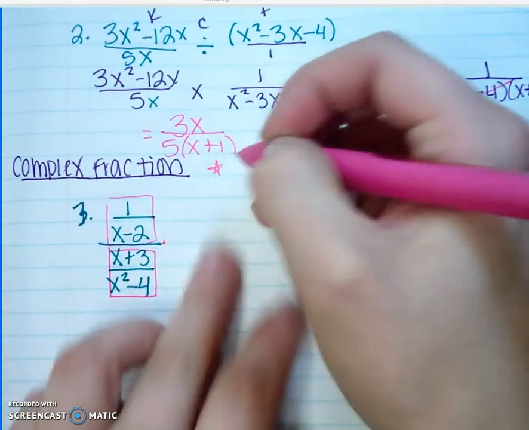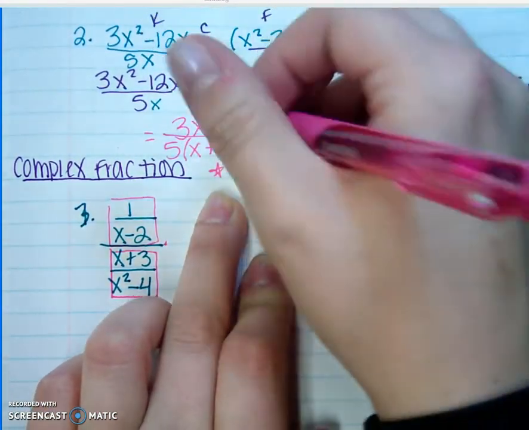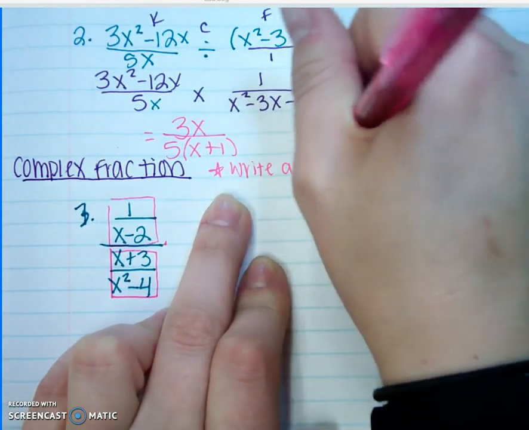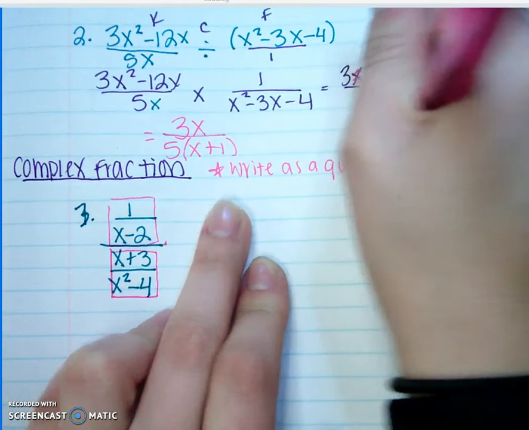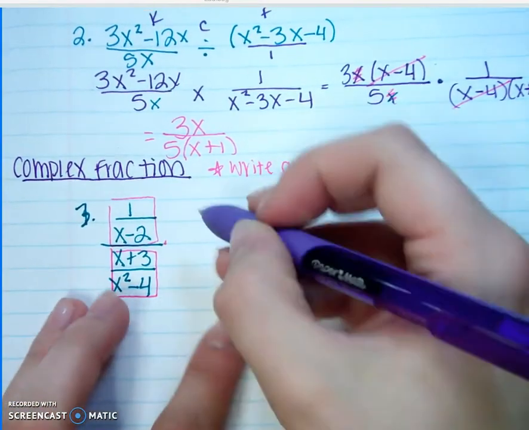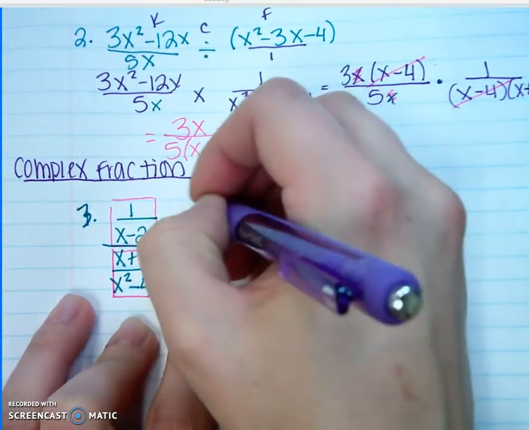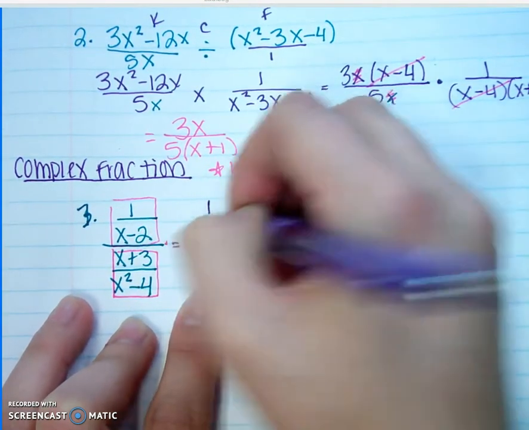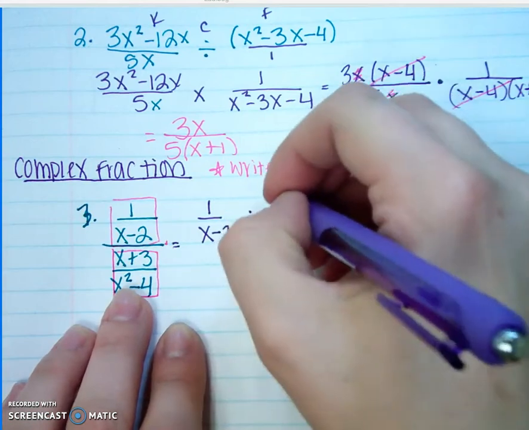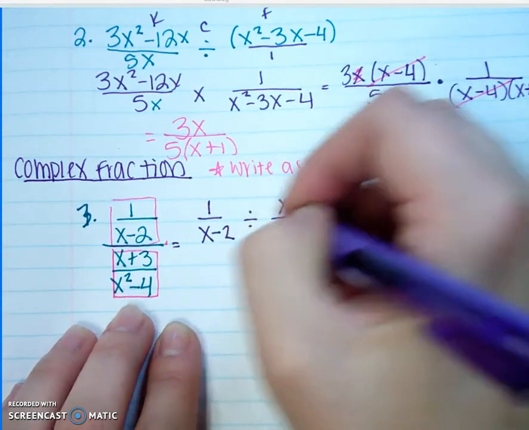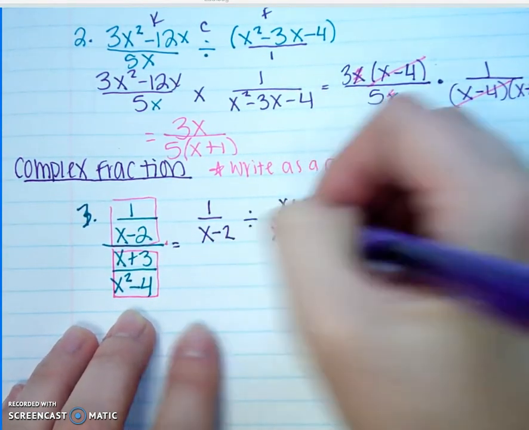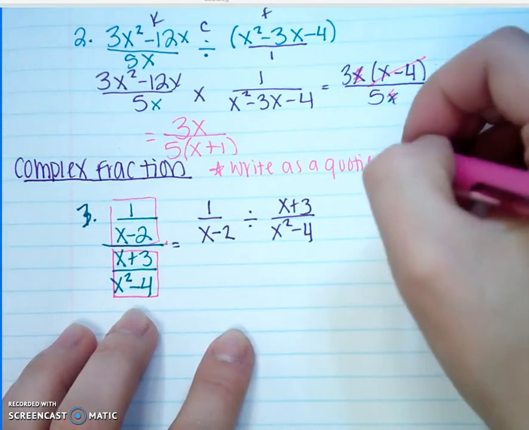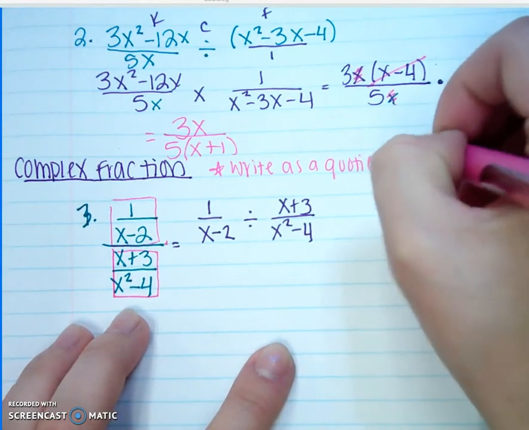We're going to write it as a quotient. So I'm going to put my first fraction first, 1 over x minus 2 divided by x plus 3 over x squared minus 4. And then, the same as above, I'm going to keep, change, and flip.